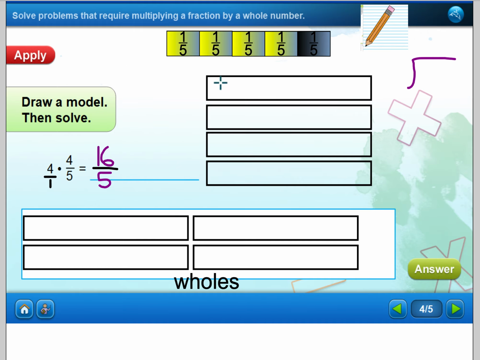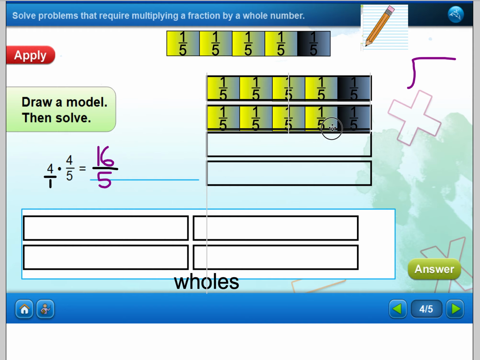All right, I'm hoping that you already drew the 4 whole bars. After you've drawn those and divided them into fifths, would you blacken out the last one? You can just use your pencil and kind of cross it out. That's what we don't have, because we don't have all of them. We have 4/5.